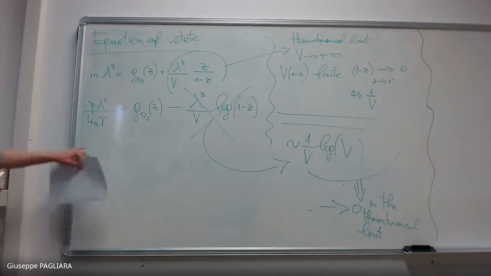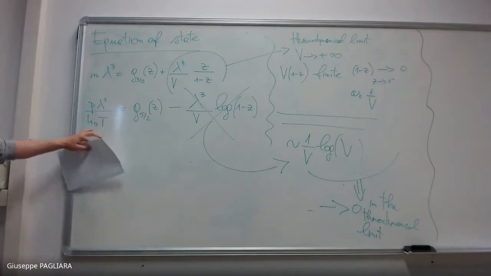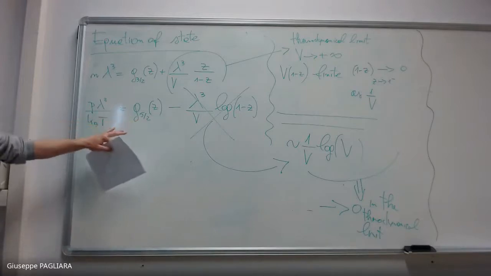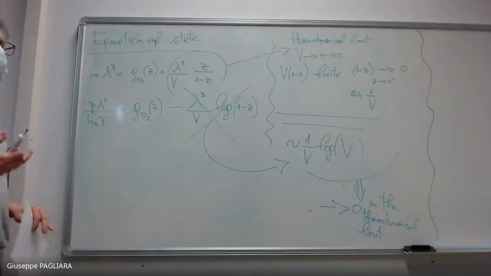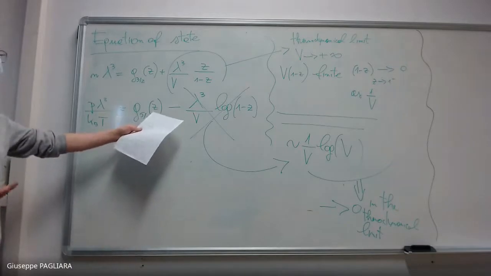For this reason, when I write the equation of state for the boson gas, I will just use this term here. Now, if we are in the condensate, Z is equal to 1, whereas if we are in the continuum, Z is different from 1.